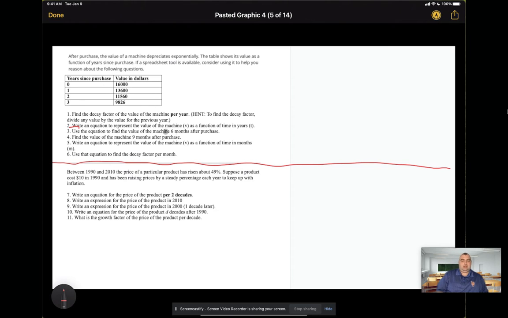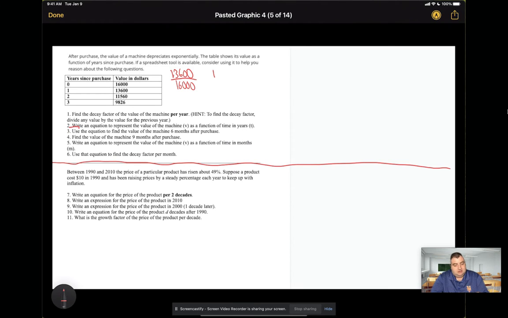So number 1, find the decay factor of the value of the machine per year. Hint: to find the decay factor, divide any value by the value for the previous year. So to figure out the decay factor, I could do 13,600 divided by 16,000.